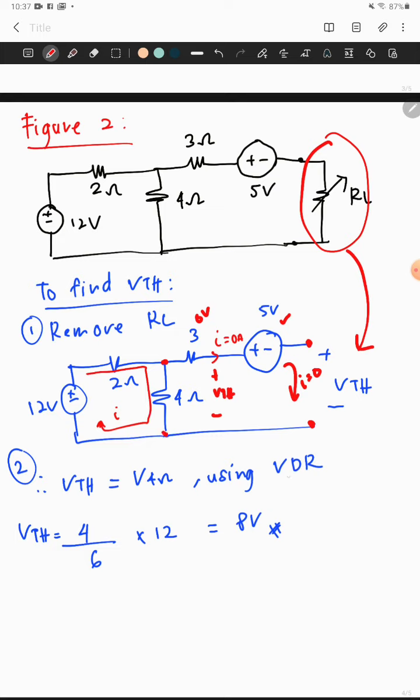So by using the voltage divider rule, VTH is equal to 4 divided by the R total of 2 plus 4 over here, times your voltage supply, which is 12. So therefore, your VTH is equal to 8 volt.